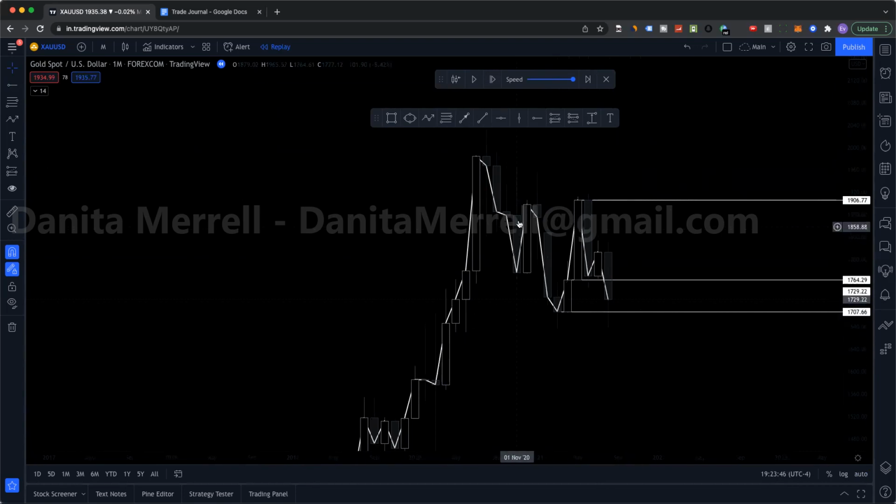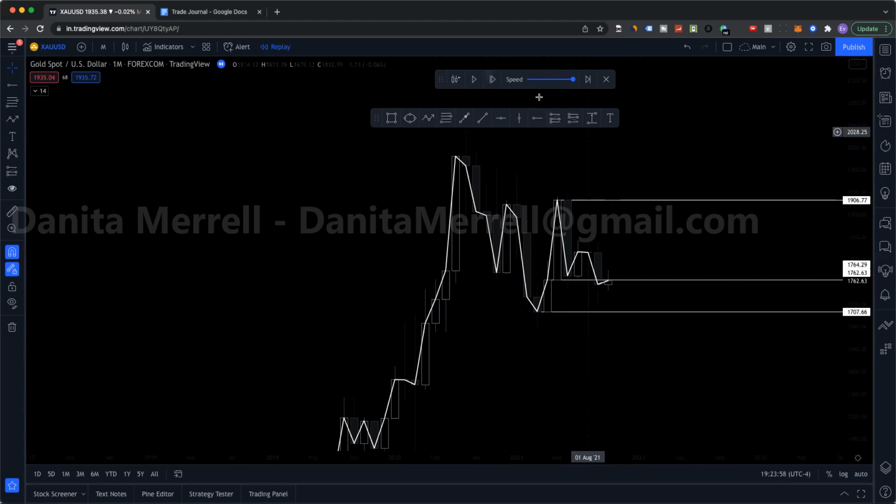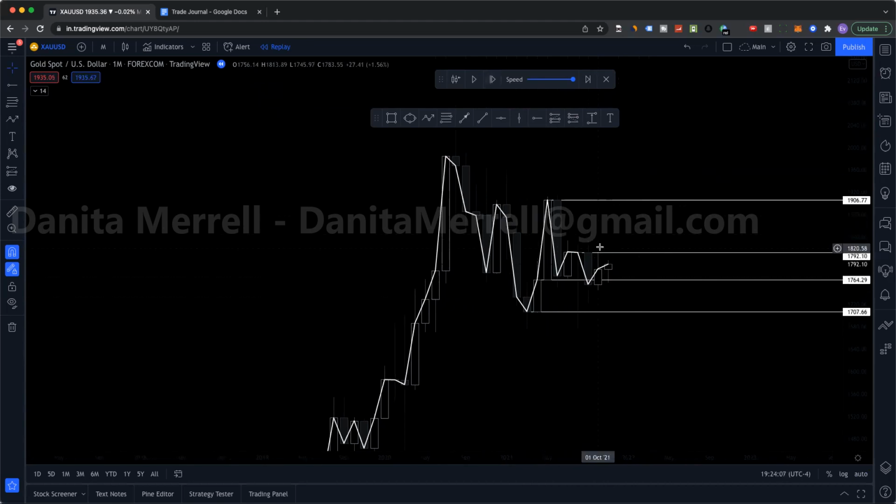Here's our monthly support, our new monthly support coming from this support. Okay, new monthly resistance. See how price reacts towards these areas.